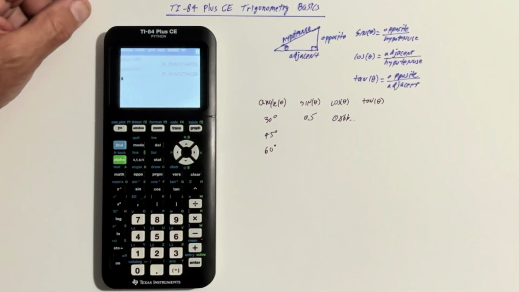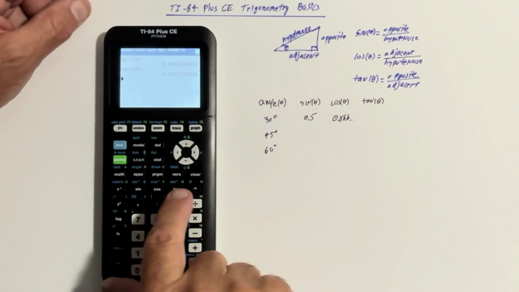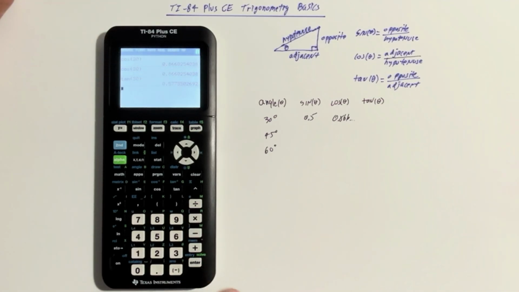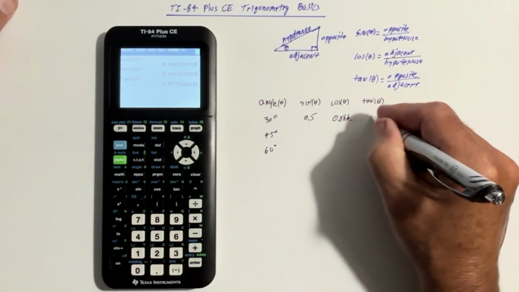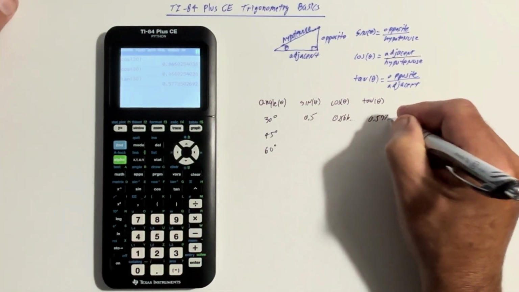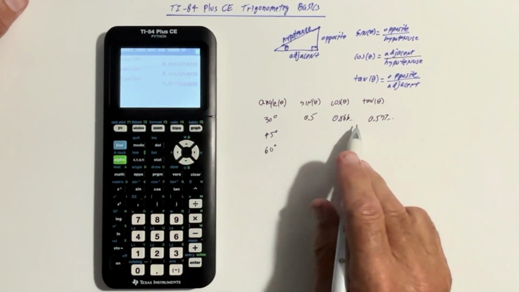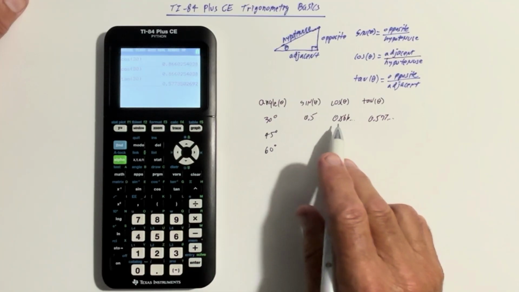Now let's do the tangent. So hit the tangent function, 30, close the parentheses, enter, and we're going to get 0.577 on and on. So those are our sine of 30 degrees, and cosine and then tangent.